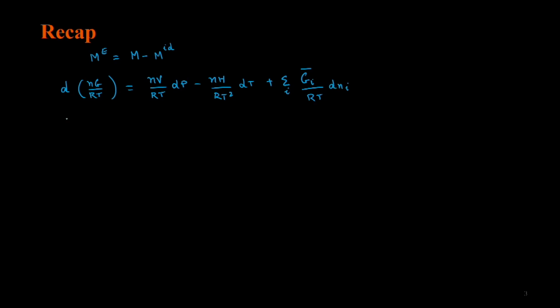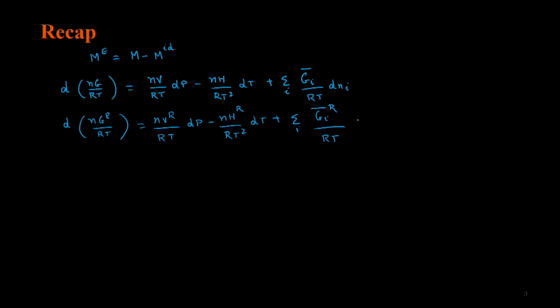In addition, we can also write similar equations for the residual Gibbs free energy. All the quantities change into residual quantities in this case, and we get this by subtracting an analogous equation for ideal gas, plus sigma over i of Gi bar R, which is the partial molar residual Gibbs free energy, dni.